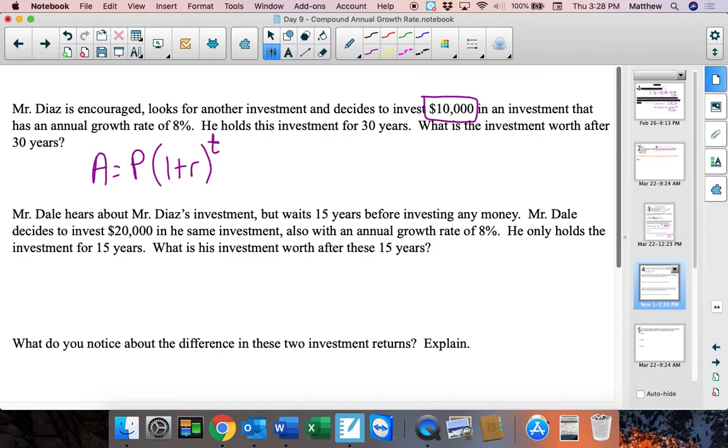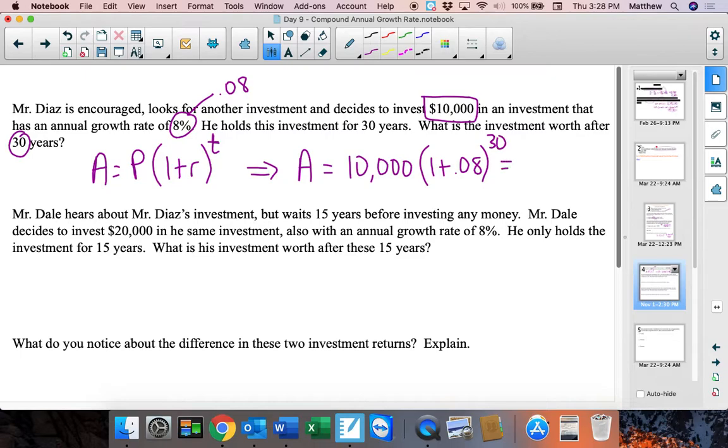Plugging in the numbers we have, the amount is going to be 10,000, what he started with, times 1 plus 0.08, which is 8% as a decimal, to the 30 years. Holy cow, it's a long time. The power of compounding. So let's put that in. 10,000 times, parentheses, 1.08, close parentheses.